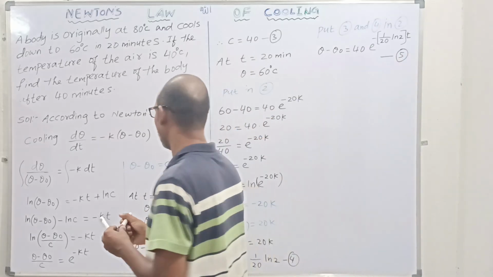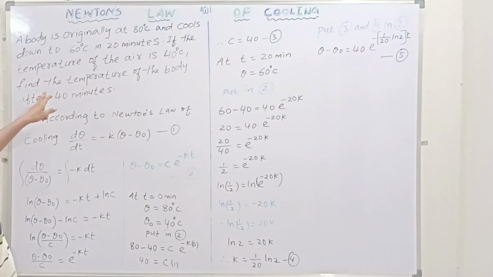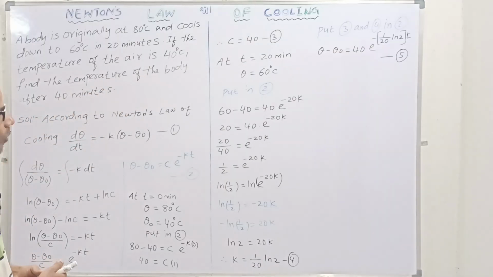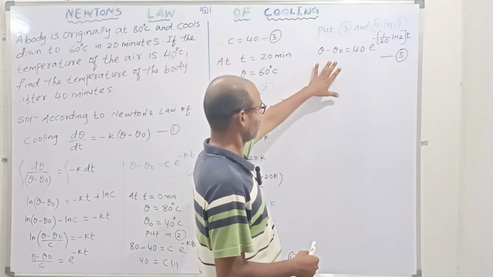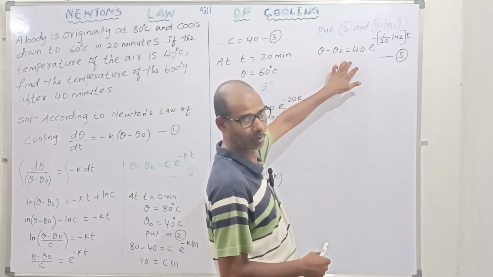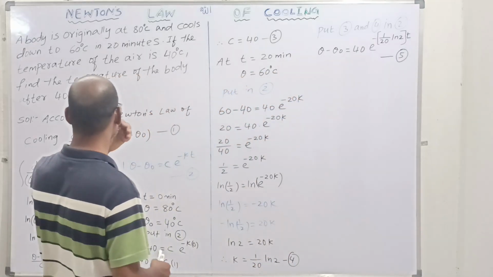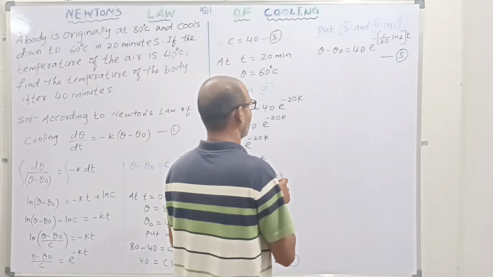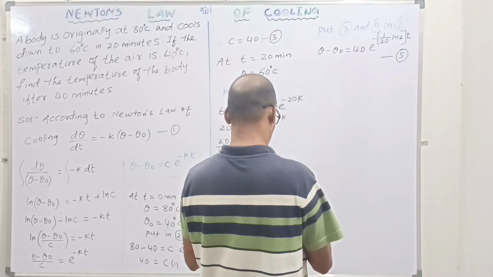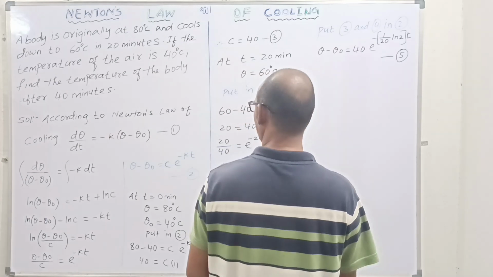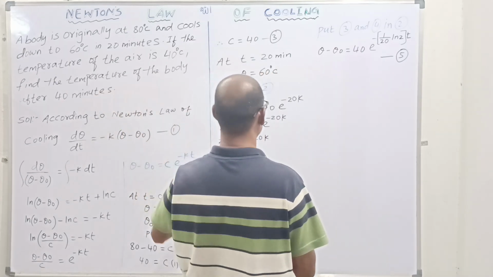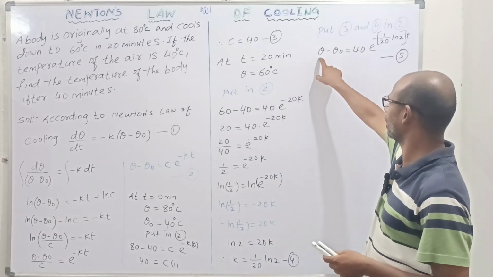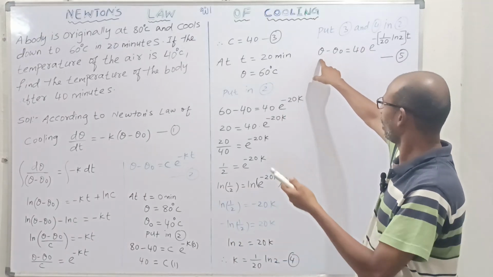Now using equation number 5, we'll find out the temperature of the body after 40 minutes. So what is the temperature of the body after 40 minutes? That means we have to find out theta. So we have to find out the temperature of the body, that is theta, after 40 minutes.